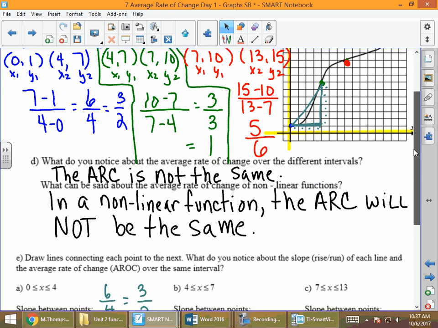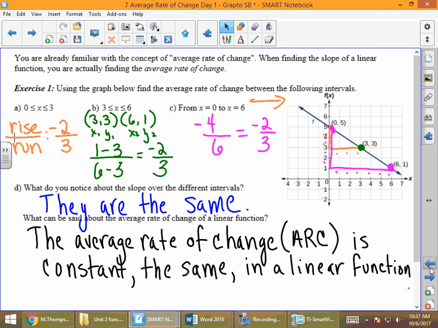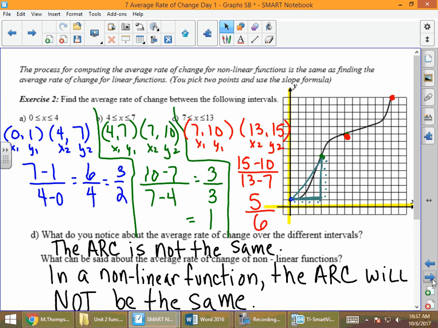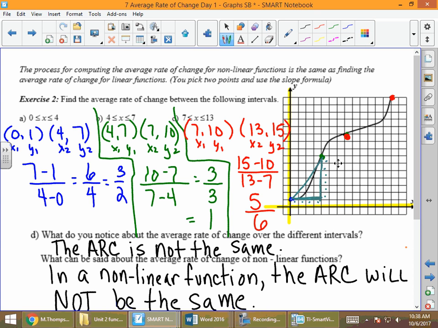Well, if we go back and look at our next value here, and we draw a line here so that we can come up with our triangle. Once again, we're looking at this from the perspective of rise over run.